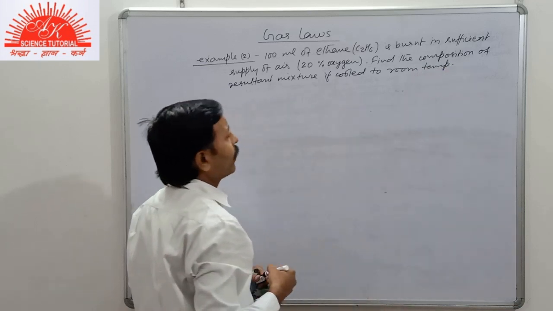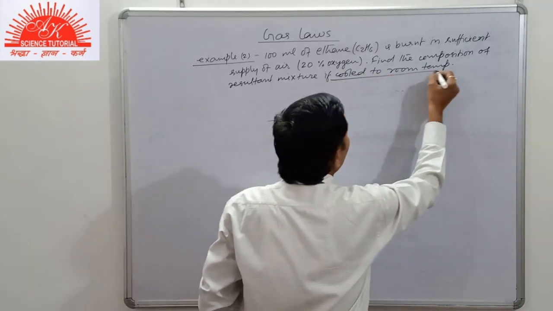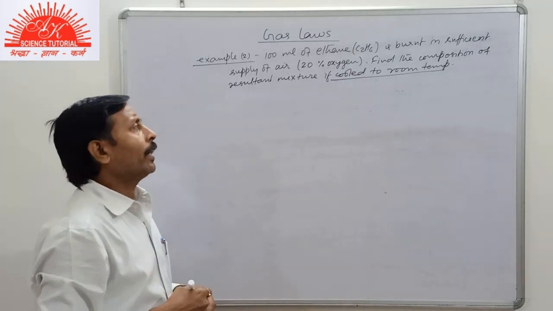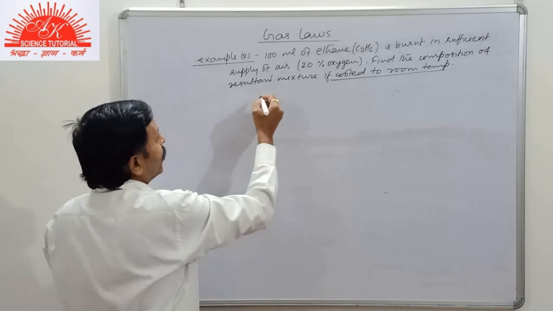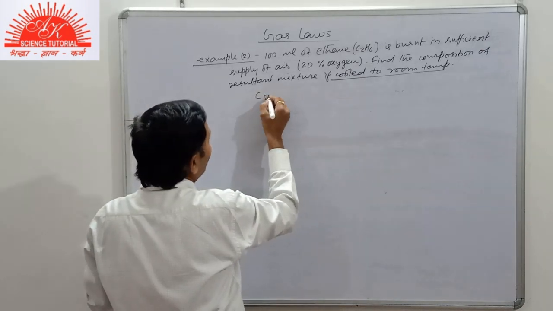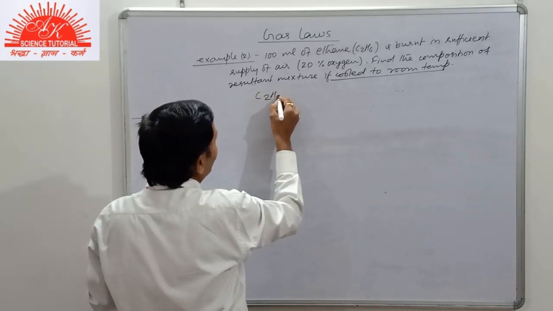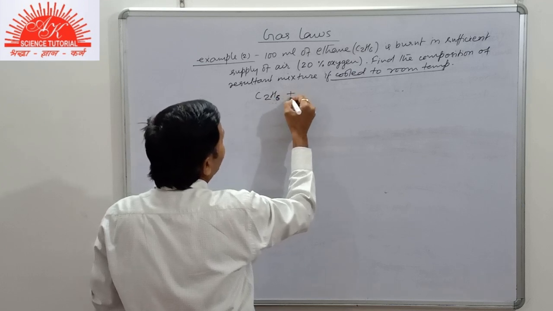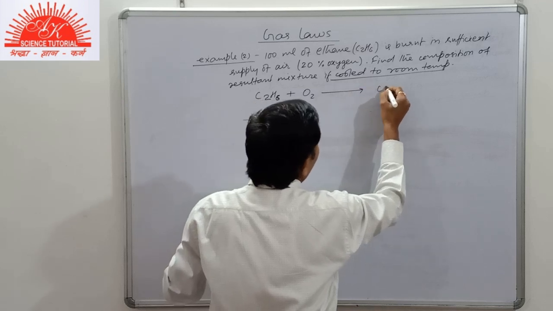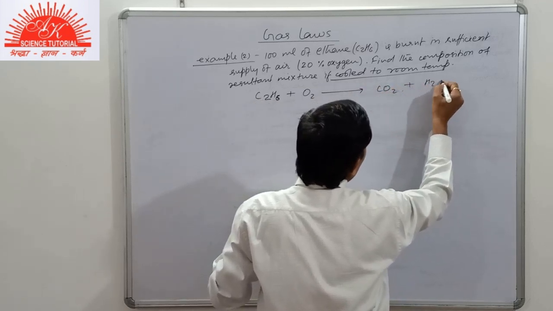Now you can see here, students, since it is cooled to room temperature, H2O as a product will not be taken, it will be in liquid form. So first of all you should write its balanced equation. In the question paper the equation will be given to you, giving CO2 plus H2O.